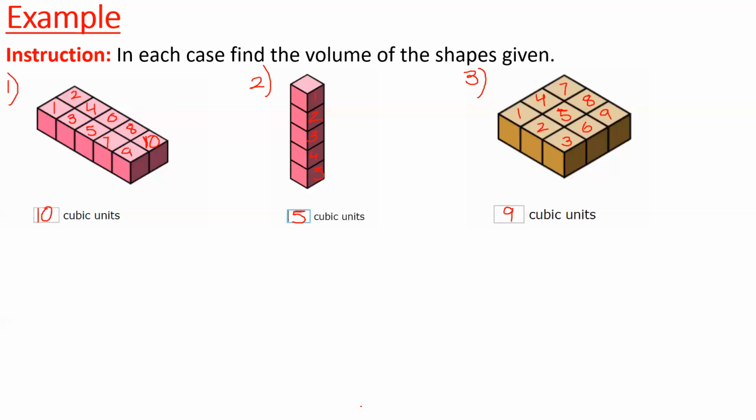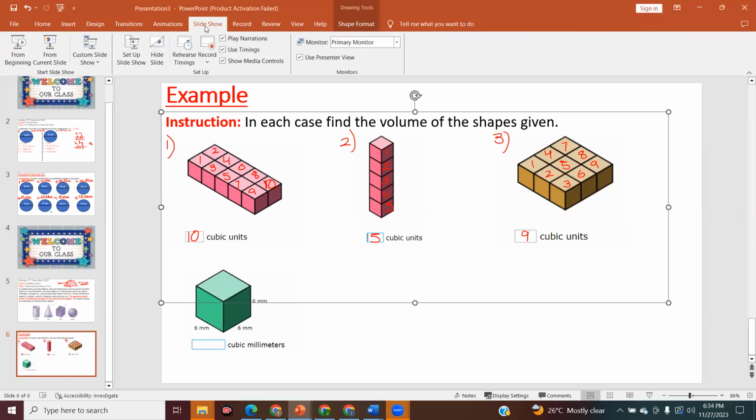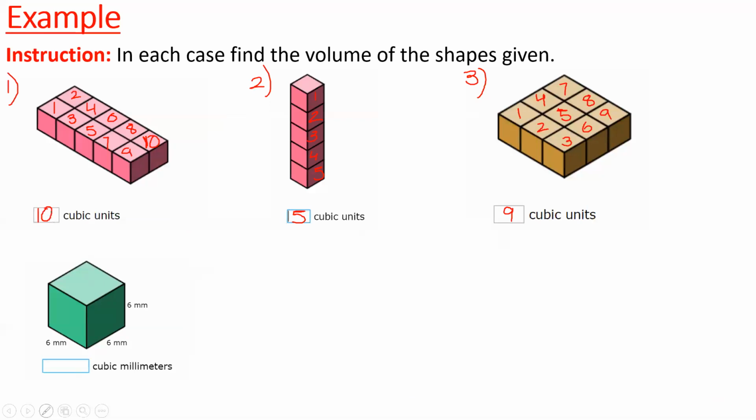So let me put the question on the screen. Can y'all see number 4? Yes, sir. Good. So for number 4, notice that they didn't give us any blocks.